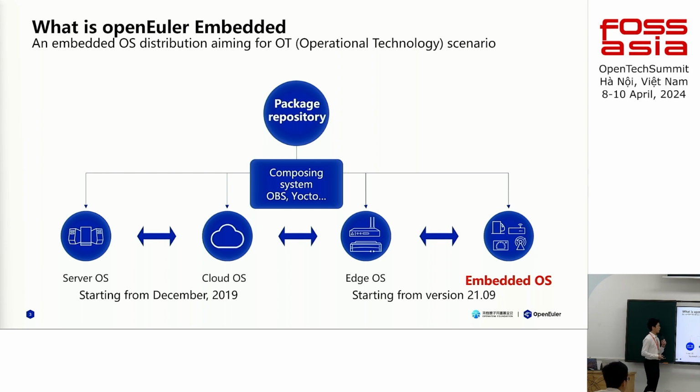And because of the need to build customized OS, we choose Yocto as our composing system. It's an open source project from Linux Foundation, and it provides an easy way to tailor our operating system.